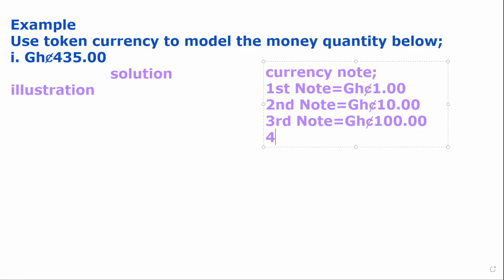The fourth note will also be 10 times the third note, and that will be 1,000 Ghana cedi here.